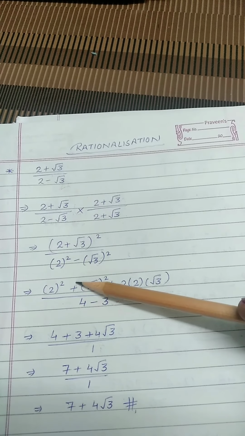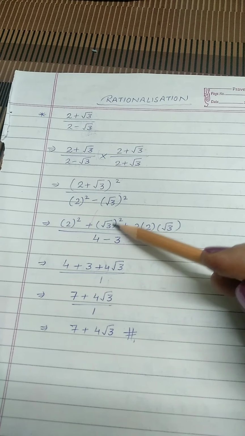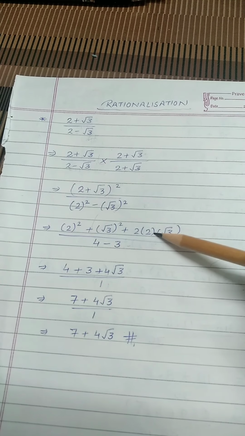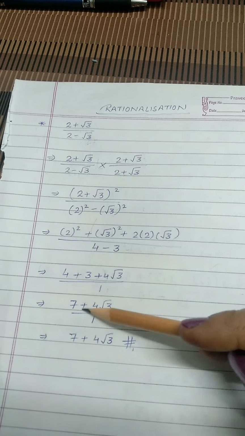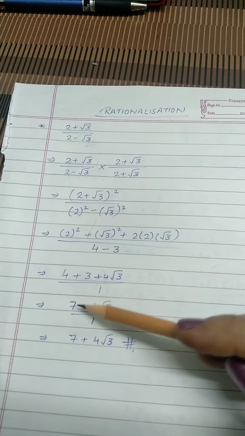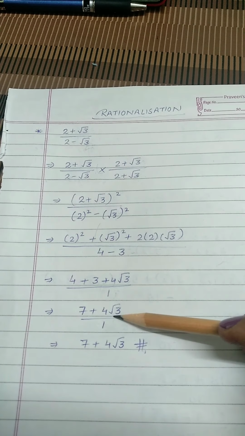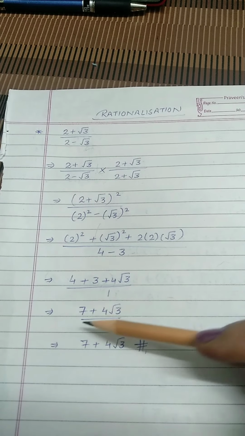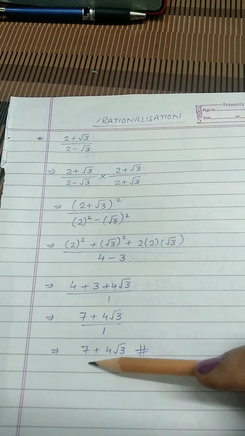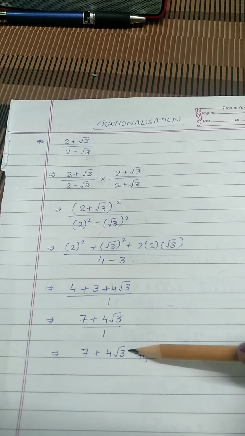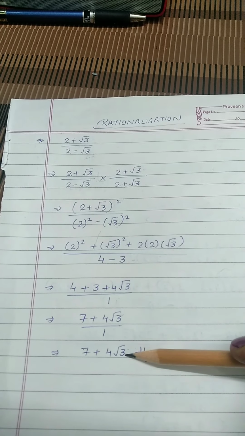So on simplification, square of 2 is 4, square of √3 is 3, and this is 2 into 2, 4, plus 4√3. So here you have 4 plus 3, 7, 7 + 4√3. Now here these are unlike terms, they cannot be added. Like terms can be added or subtracted, but unlike terms cannot. So you are left with (7 + 4√3)/1, or you can just write it as 7 + 4√3 with a rational denominator, which is 1 in this case.